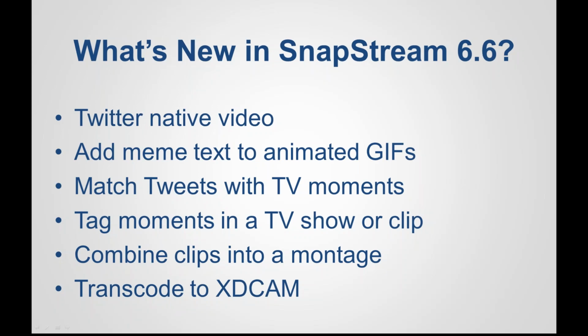You don't have to go to a third-party video editing solution to do that. And finally, we now have support for XDCAM transcodes, meaning you can now transcode inside of SnapStream videos from MPEG-2 or MPEG-4 to XDCAM. And I'll get to these features in a little while.